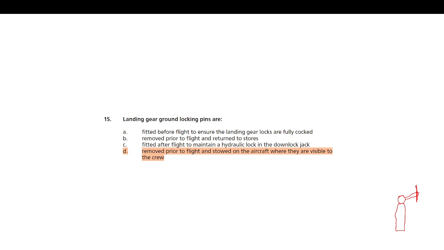And even if after getting that landing gear in place, if the aircraft wants to take off, then it has to come back. So landing gear ground locking pins are D. Removed prior to flight and stored on the aircraft where they are visible to the crew. D is the correct answer.